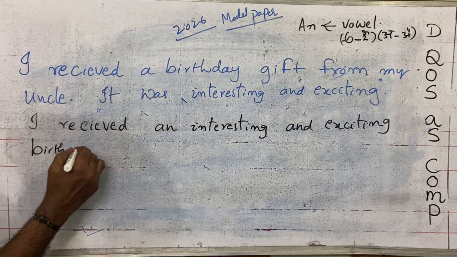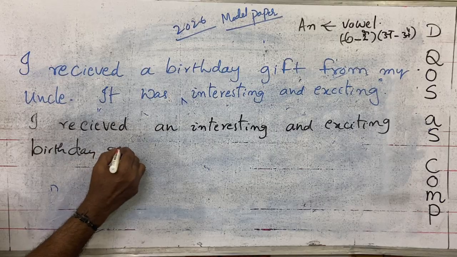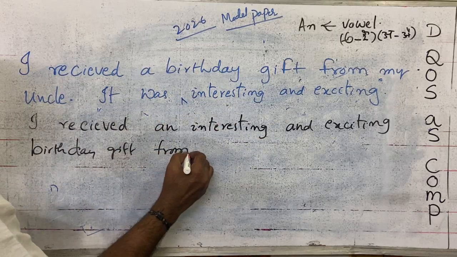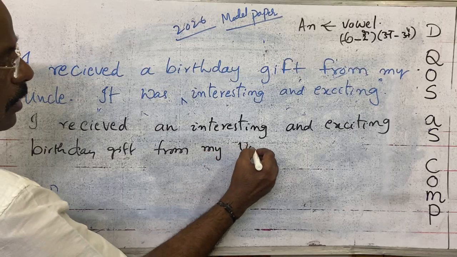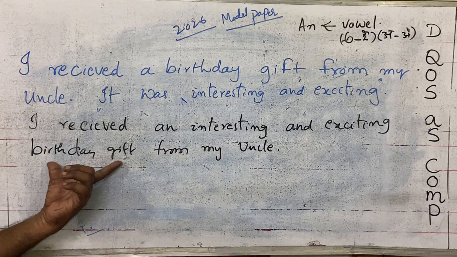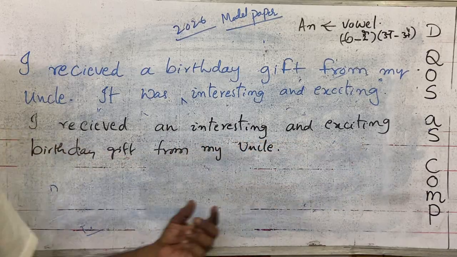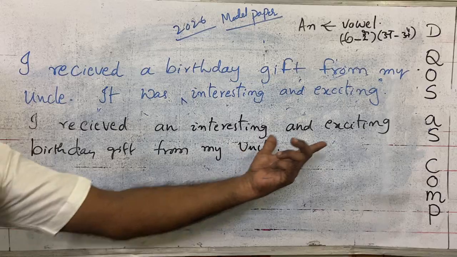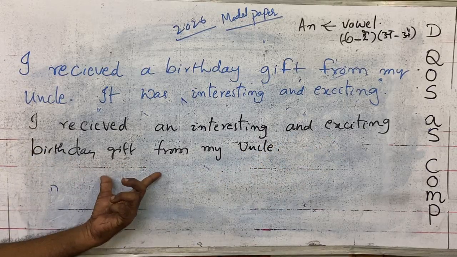It's a birthday gift from my uncle. So like this, you are taking the modification before this noun. How is the noun modified here? Birthday gift, and interesting and exciting birthday gift.